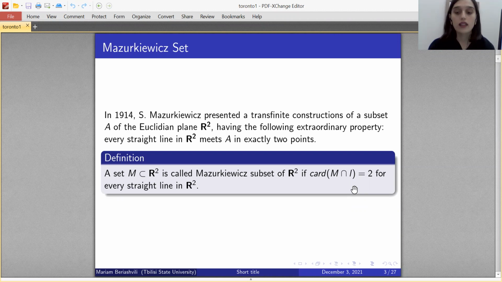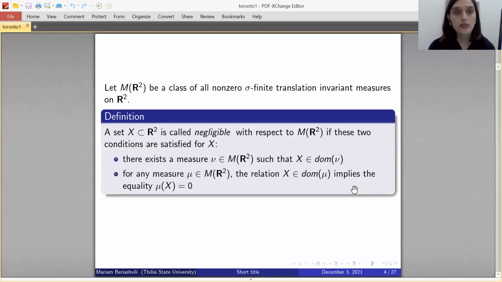Now I need some auxiliary notions for our discussion, and I will make definitions. Let M(R square) be the class of all non-zero sigma-finite translation invariant measures on R square. It is a very big class; its cardinality is really big. Let X be any subset of R square.